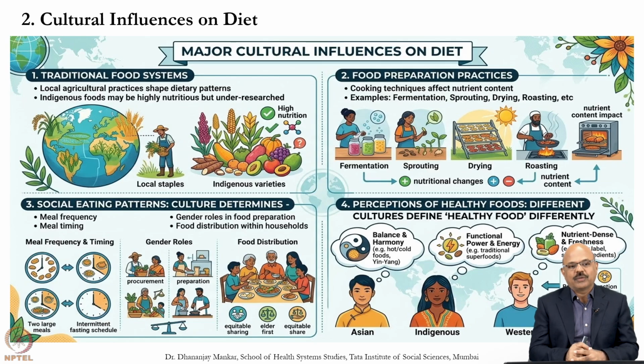Local staples are seen as very important to identify a country's traditional food system, which is very rich and reflects the importance of that country, and the people's habitat and cultural beliefs also make indigenous varieties very high in nutrition. In most places the importance on cereals or grains, or where agricultural practices are shaping this pattern, makes indigenous food highly nutritious.